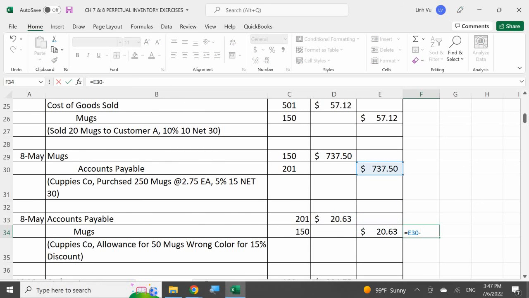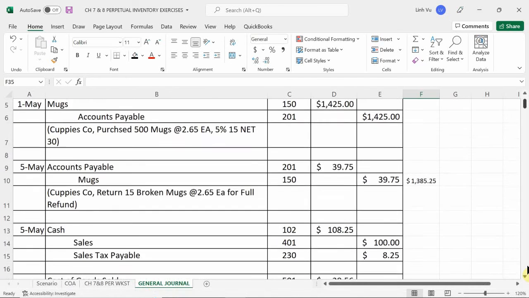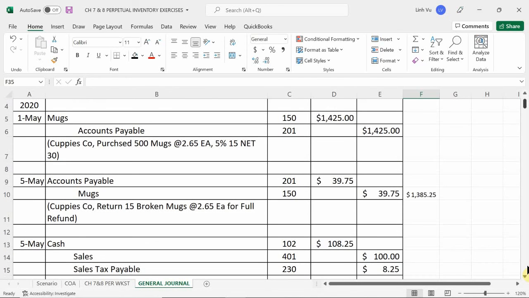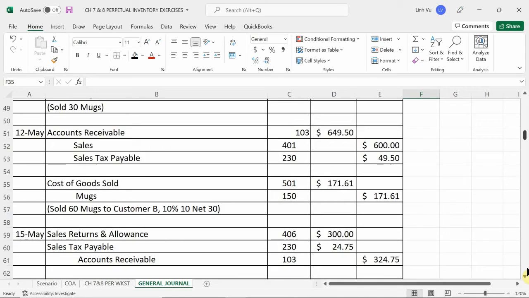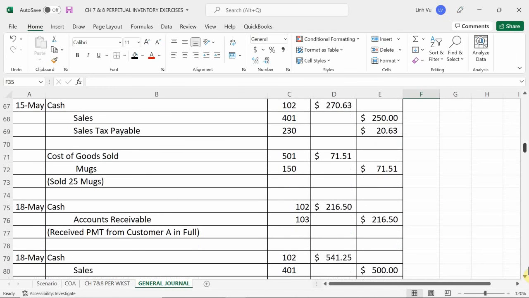Okay. But you end up getting a discount for $20.63. So you have 716.88. So 716.88 plus 1385.25 plus that $1,200 because I end up just making a regular purchase, no returns or anything.